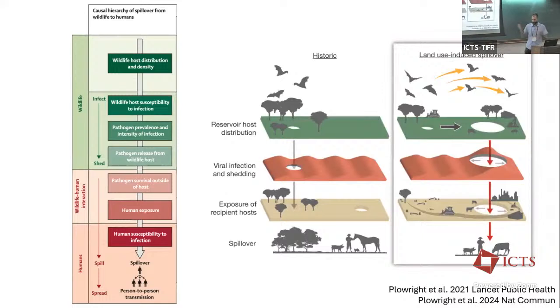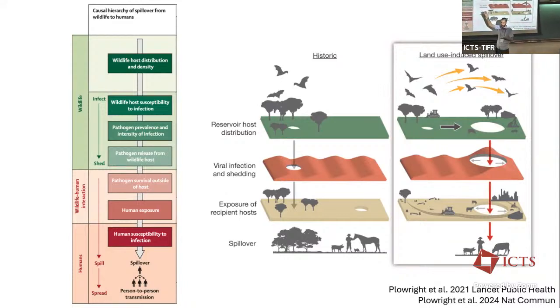Okay, so we've seen this diagram, or some flavor of this diagram, multiple times in this workshop, but it is really a great way of organizing our thoughts here. Spillover is a cascade of multiple processes that have to occur, right? So you start with, where are your wildlife hosts? Where are they in the landscape?